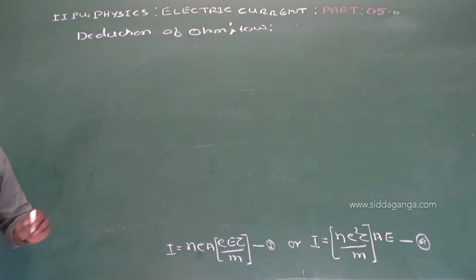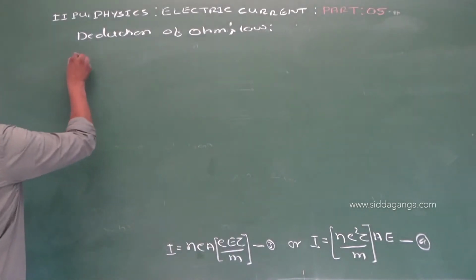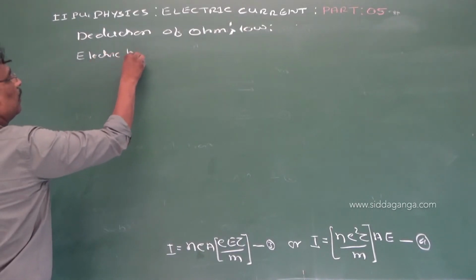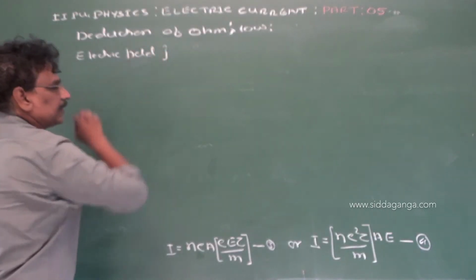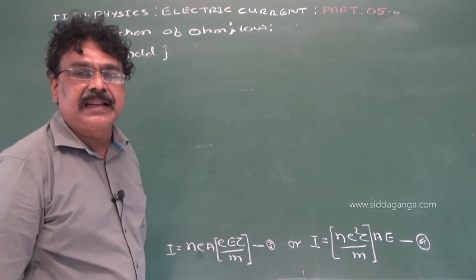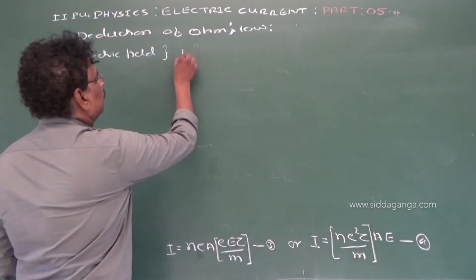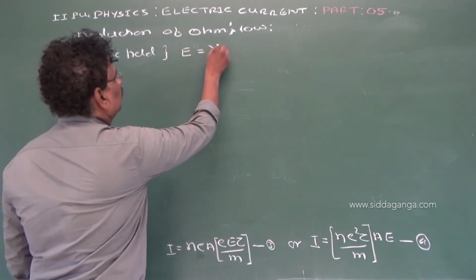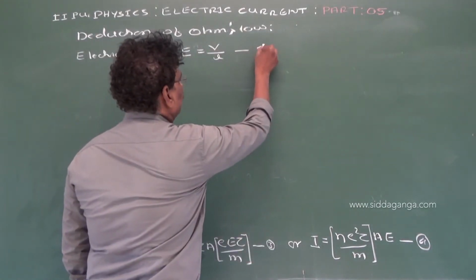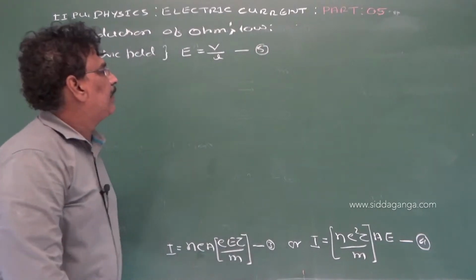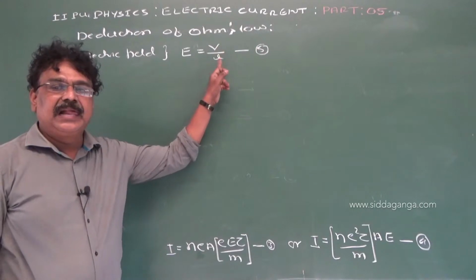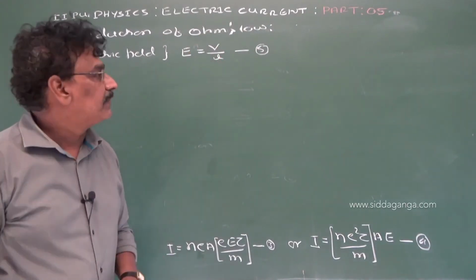Now we have the electric field applied to the conductor. From the relation between electric field and electric potential, we have E is equal to V by L. Let us take it as equation number 5, where V is the potential difference between the ends of the conductor and L is the length of the conductor.